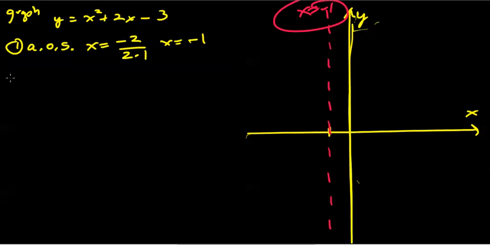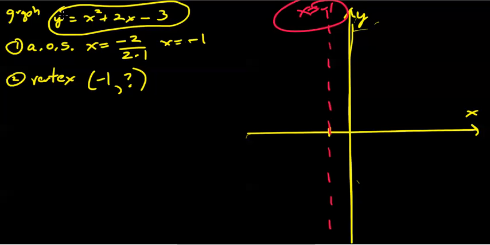Now step 2 is to find the vertex. The vertex occurs on the axis of symmetry, hence the x-coordinate of the vertex must be -1. My goal is to find the y value of the vertex, and I can find that very easily by plugging x equals -1 into my original parabolic equation.